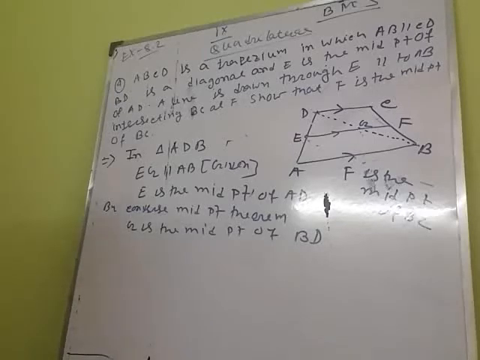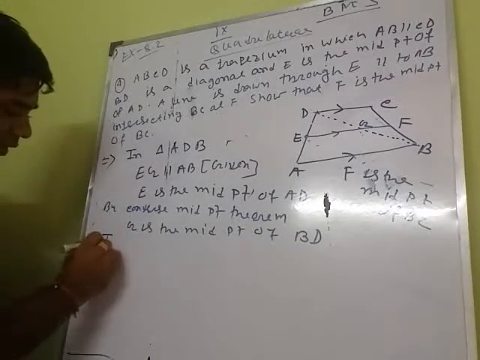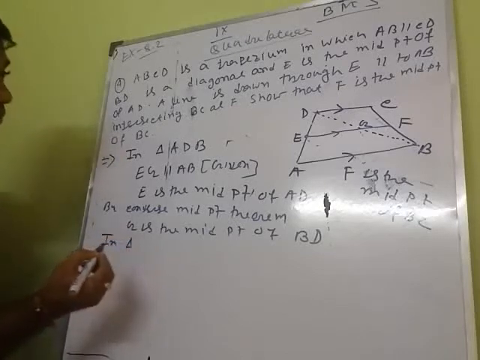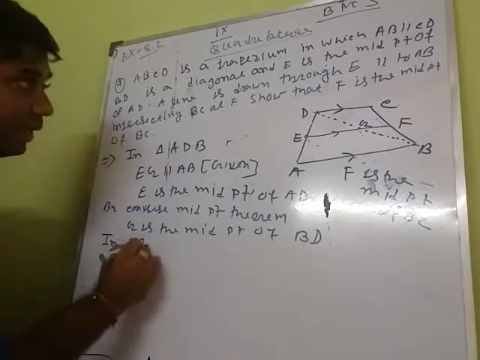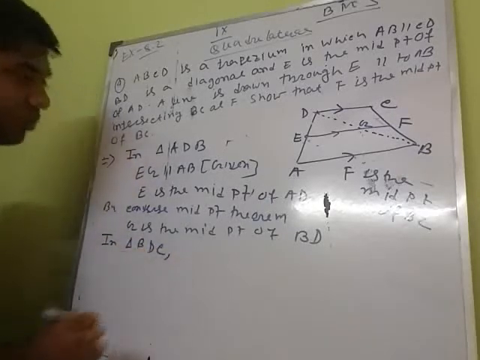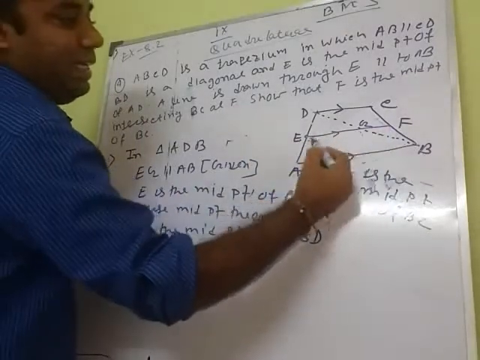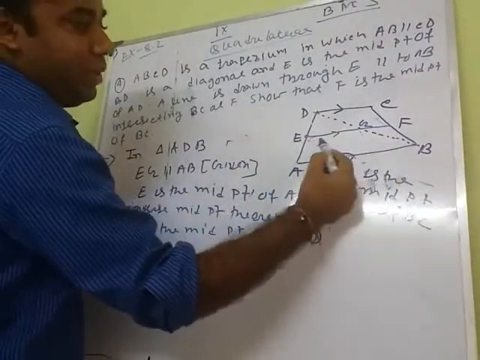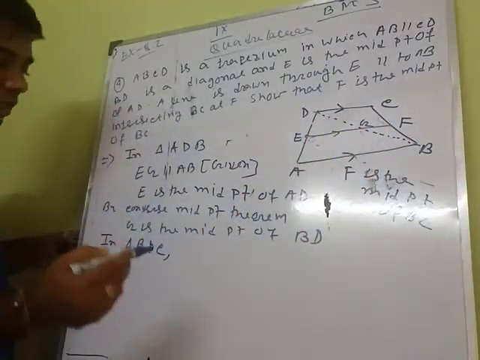Okay. Now another thing. Now take the triangle BDC. In triangle BDC, first of all, students, EG is parallel to AB, and AB is parallel to CD, so EG is parallel to DC also.